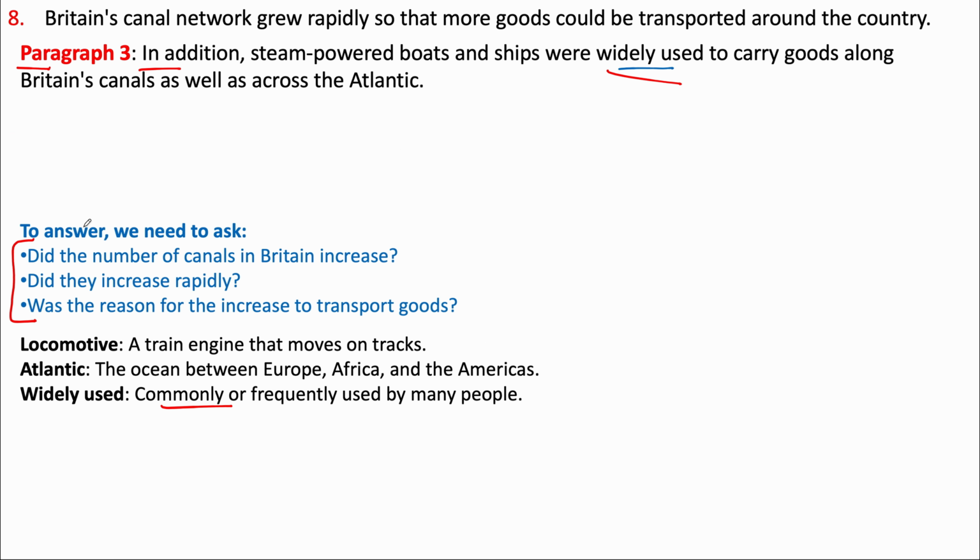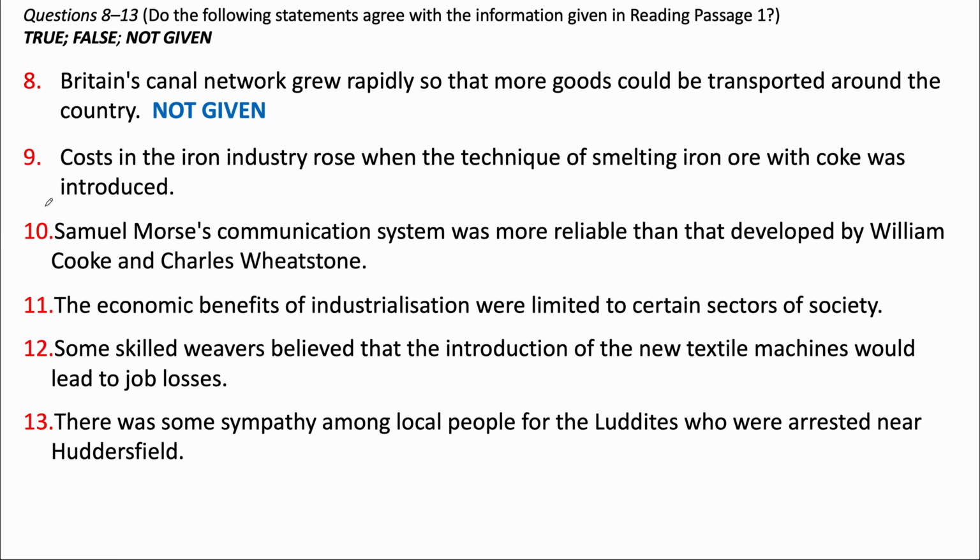Because we don't know the answer to these questions, the information is not given in the passage. The answer to the eighth question is not given. Let's start with the ninth question. The location keywords in this question are iron, smelting, ore, and coke.